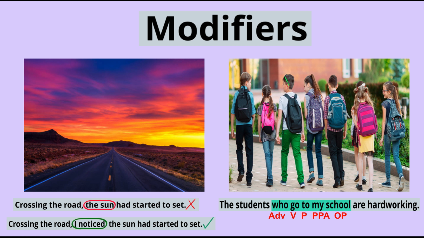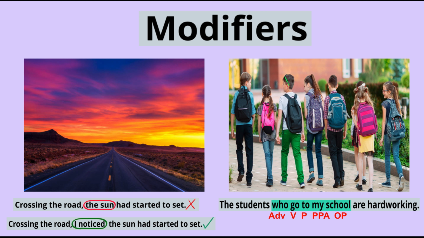In the second image, you can see school going kids. They do have backpacks. The students who go to my school are hardworking. Here, what is the verb in this sentence? The subject noun would be students, right? So, what is the verb? Go is the verb. Who is the adverb because it is describing the verb go.